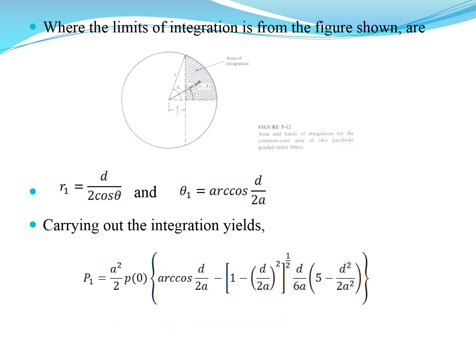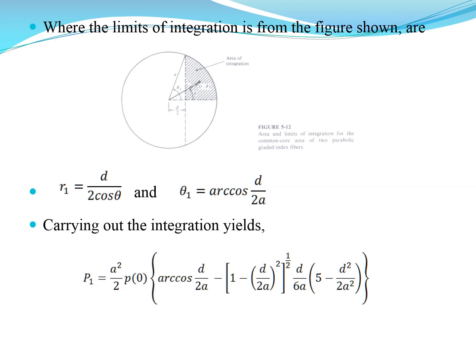Then I will apply the limits of integration, and I will go through the triangle which is formed by considering the fiber with its radius a, the angle formed is theta 1, and the axial offset is half, which is d by 2.